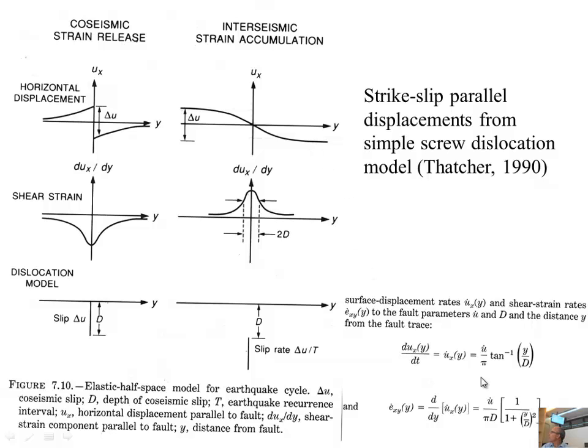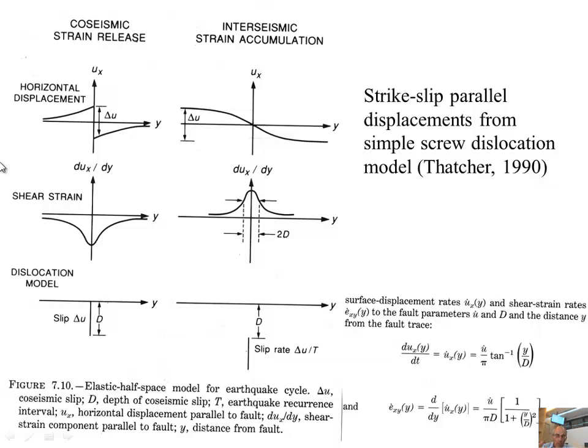And then this one is the strain rate, which is just basically the derivative of this. So the highest strain is at the fault, and it goes down. And the strain is anti-symmetric for co-seismic and inter-seismic. So when you add these two together, you also get no permanent strain. That's what I mean by, this strain is balanced with this one.